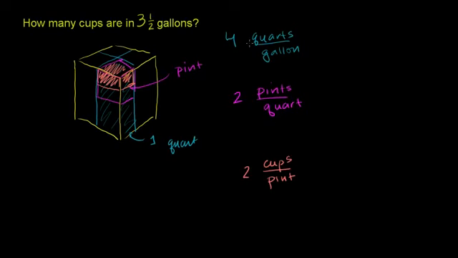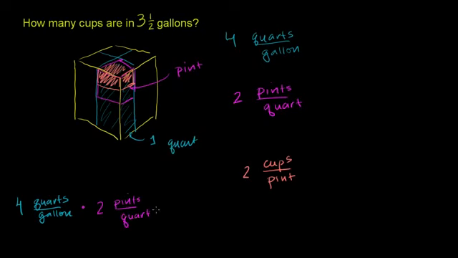If you have 4 quarts per gallon, let's multiply it right here, times 2 pints per quart. What does this give you?